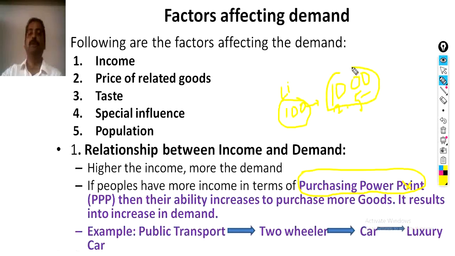Right now he is going to purchase 2,000, 5,000, 6,000, depending upon his interest and capacity. So why did it happen? It happened because of increasing purchasing power parity. So it increases the person's ability to purchase more and more goods. So it results in an increase in demand.